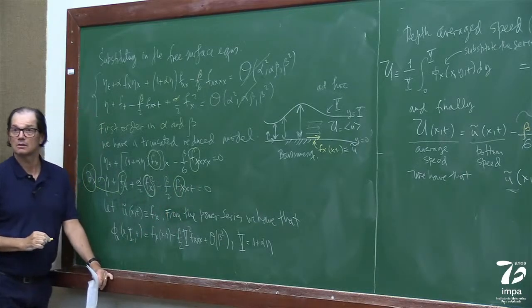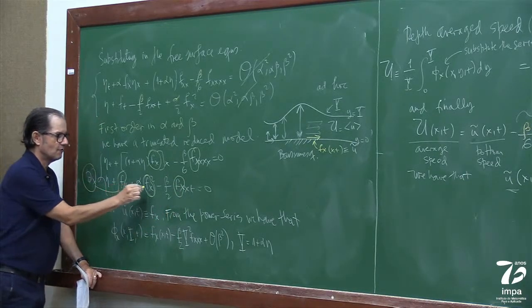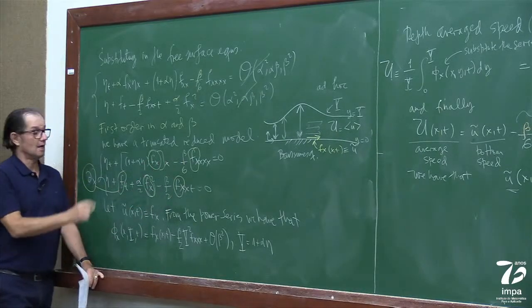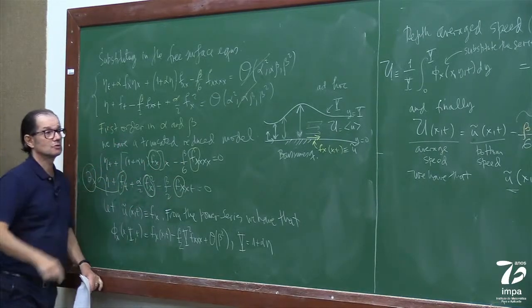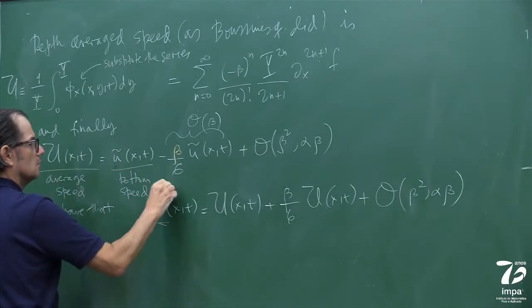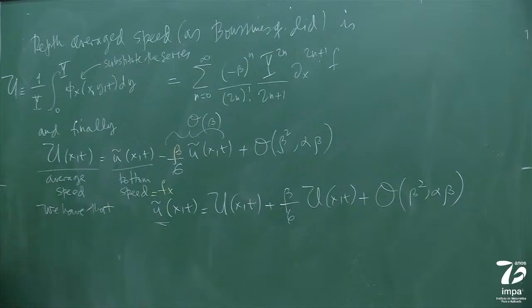And here I have f of x, f of x, f of x. Everywhere you have this, substitute this, which is equal to f of x. And then, good, I'm almost in. And then we have that this.